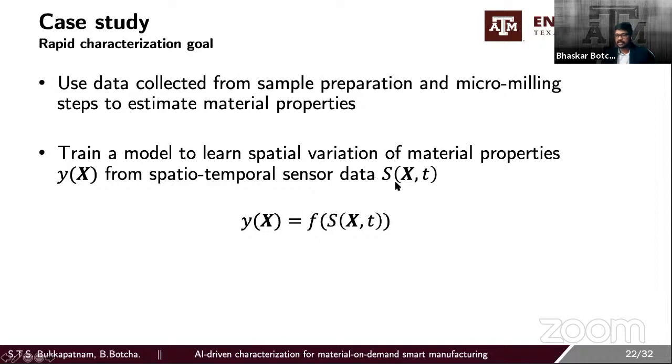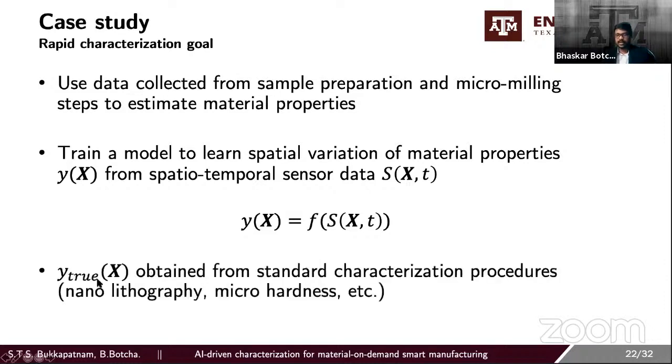I'll be discussing in the next slide what spatiotemporal means and how we can get that particular resolution from the experiments we are doing. And the ground truth is obtained from standard characterization procedures. Again, we need the ground truth at least for training this model. For this particular experiment, we took the ground truth from micro hardness measurements.